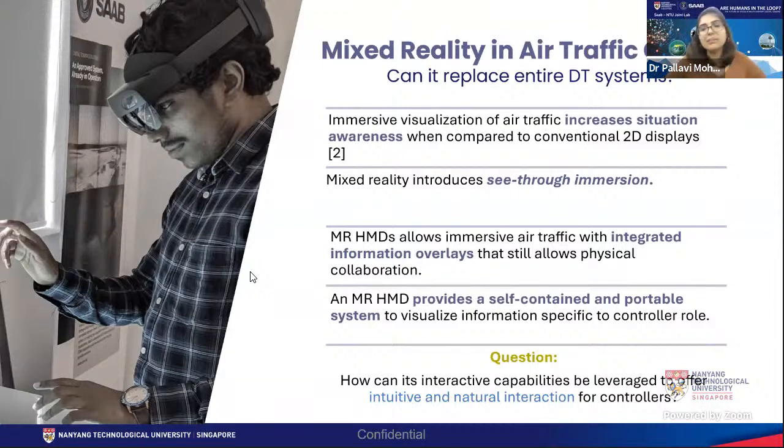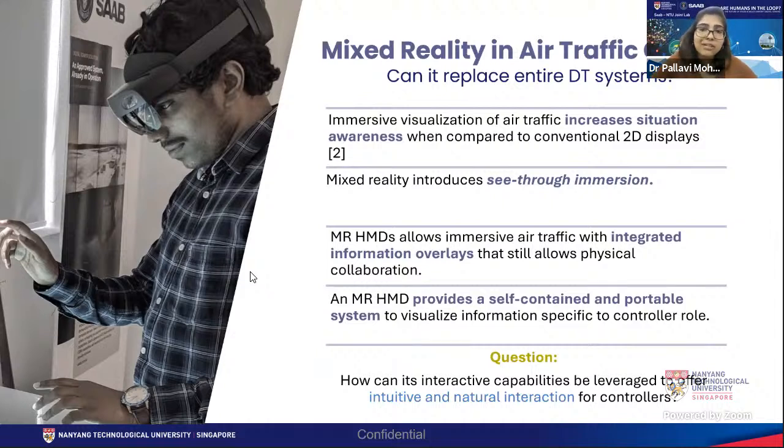It has been studied that immersive visualizations of air traffic increase situation awareness, but such immersion cuts the controller out from the outside world, as I had mentioned earlier, and limits their collaboration. Mixed reality supports a see-through immersion model. In such an air traffic system, you get an immersive view of the runway with integrated data overlays while you maintain your view of the outside world so that you are not cut off from whatever is happening outside.